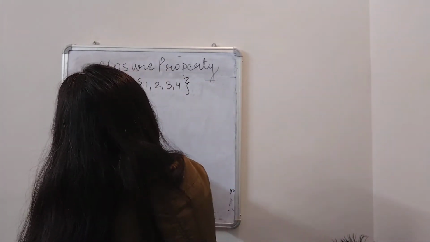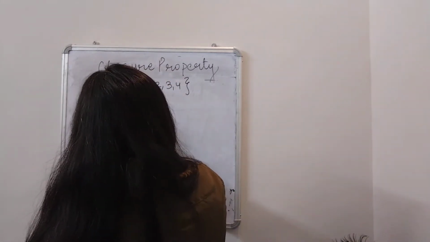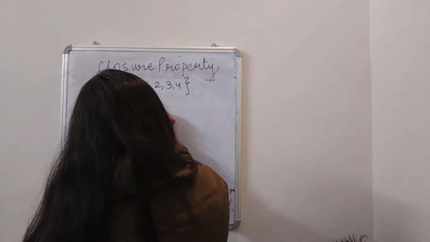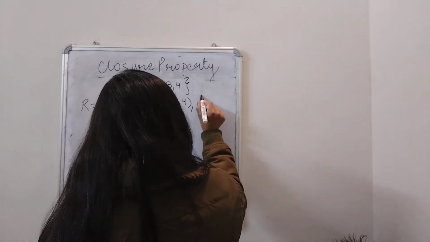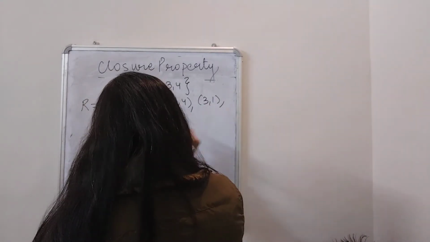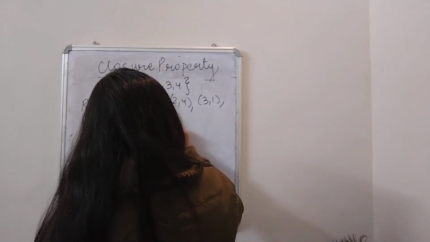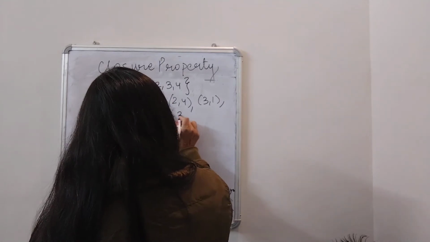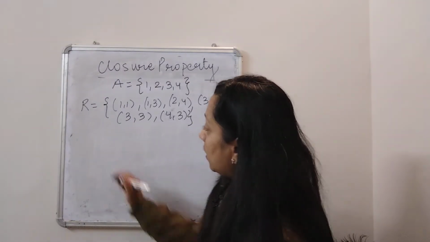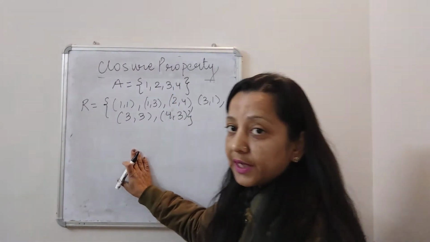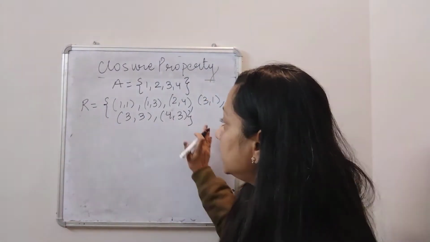Now suppose there is already a relationship set on set A having the coordinate pairs (1,1), (1,3), (2,4), (3,1), (3,3) and (4,3). So this is a relationship set on the set A having these coordinate pairs.